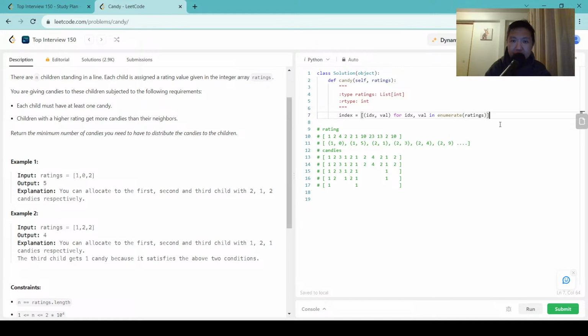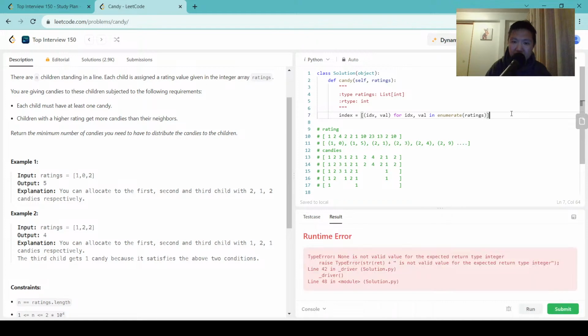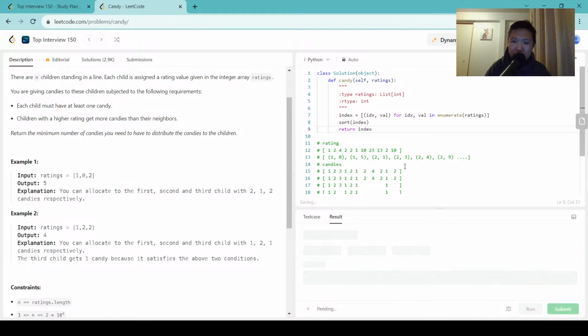Let me see. Can I do this? Let's just run it. Oh, it looks like I can. None value. Okay, yeah, this works. Okay, so I'm gonna sort index. Okay, so I'm going to return index. Let's see what happens. Okay, so index is this thing right here.